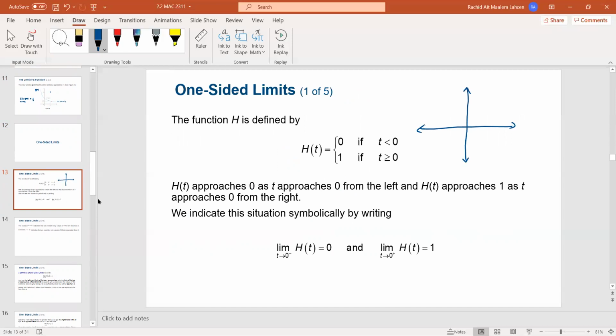So h of t takes the value 0 if t is less than 0, strictly less than. However, if t is greater than or equal to 0, h of t takes 1.